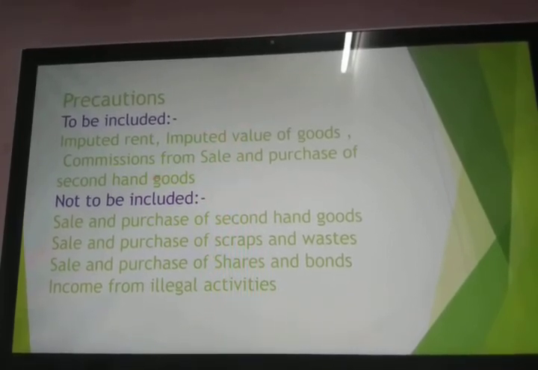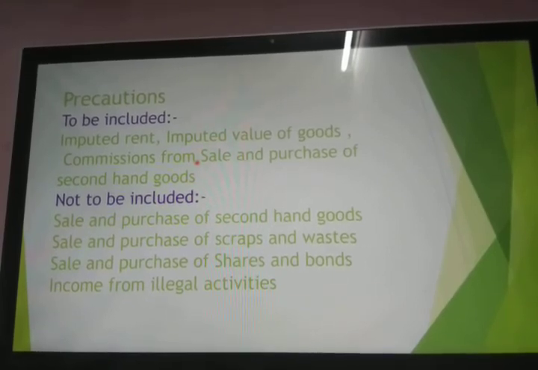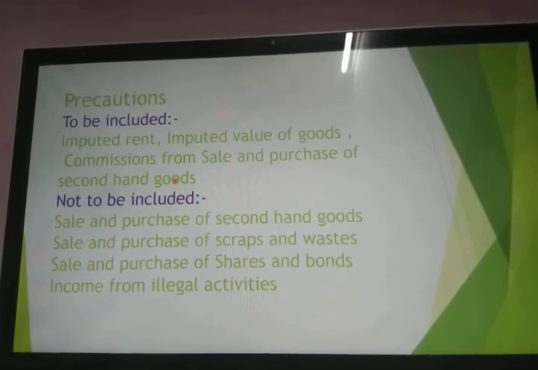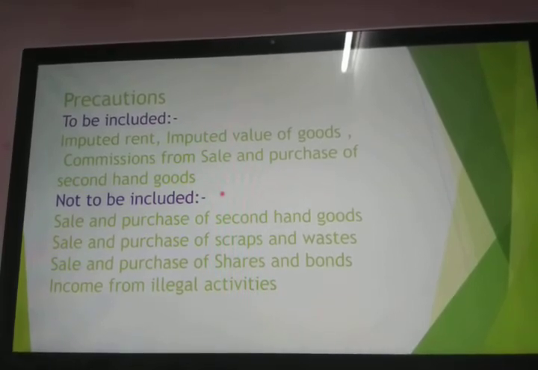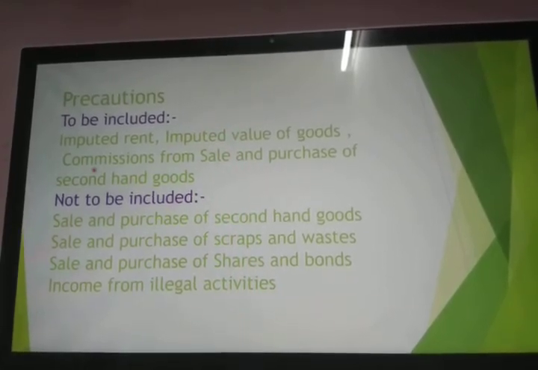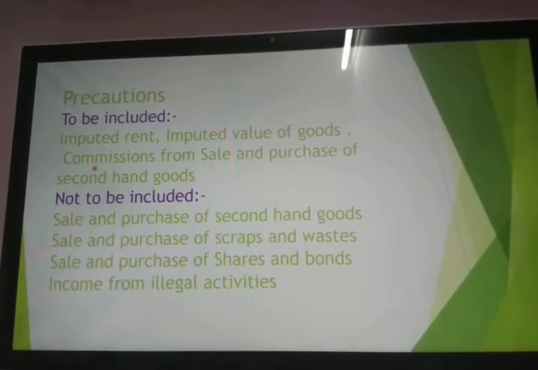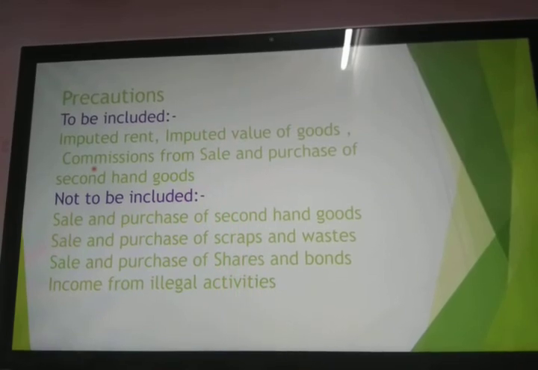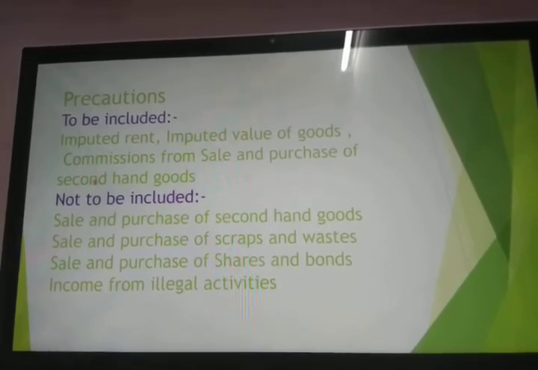That means if any commission is earned by the commission agent in the process of sale and purchase of second-hand goods or scraps, that commission needs to be included because the service rendered by the agent is new. So we need to include that in the income.